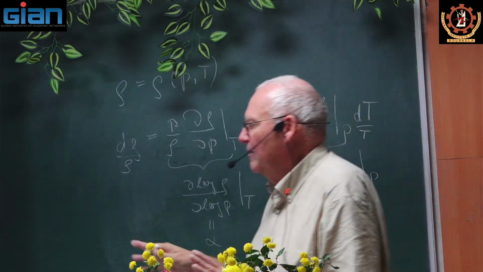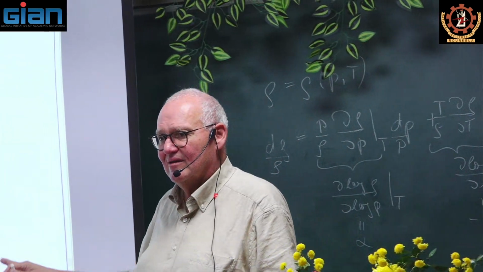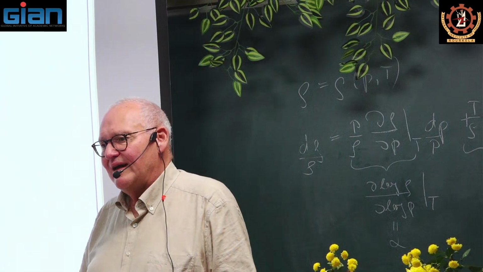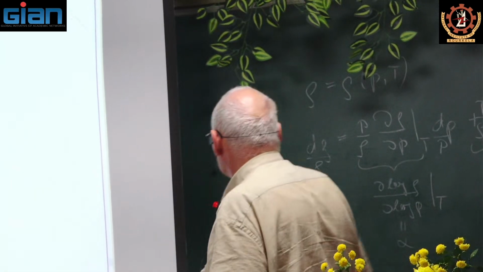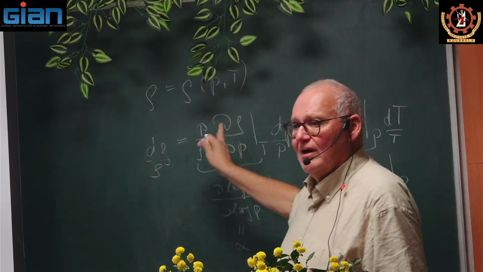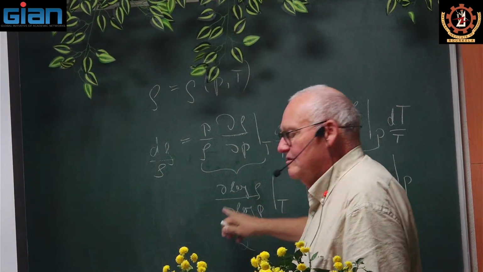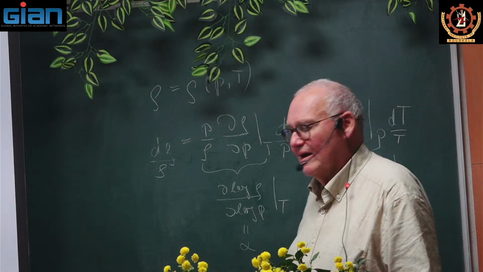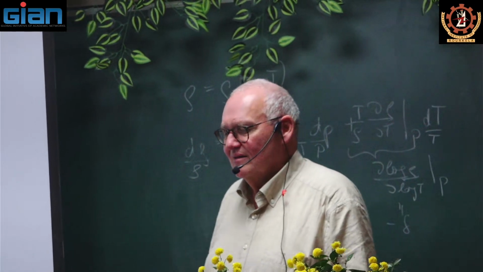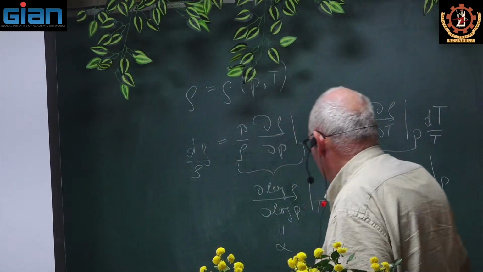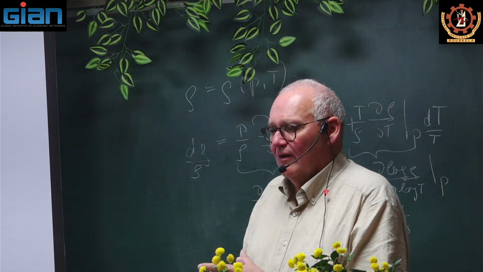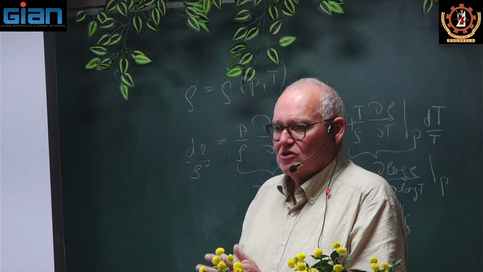We will come across many of these definitions. So for instance, if we write the opacity as a function of pressure and temperature, we can do the same as for the density. Then we get d log kappa by d log P, which is kappa sub P, or d log kappa by d log T, which is kappa sub T. These are derivatives which are dimensionless and which are of order unity.